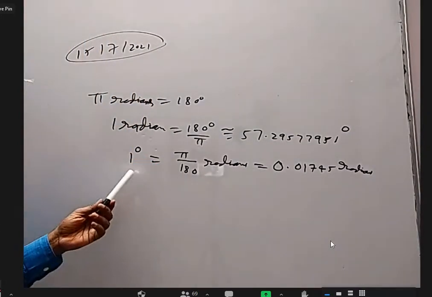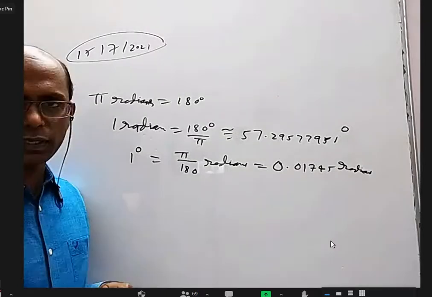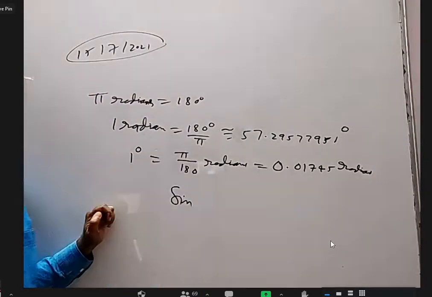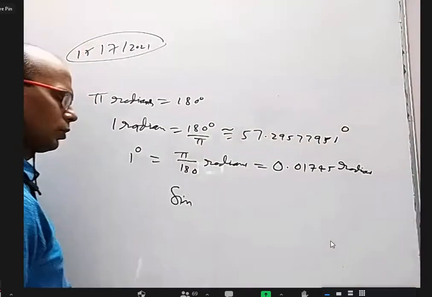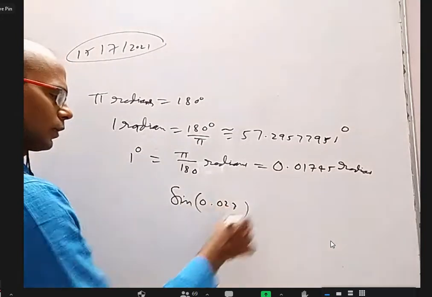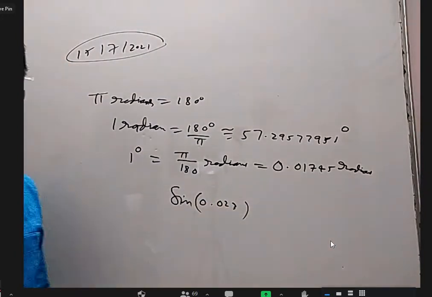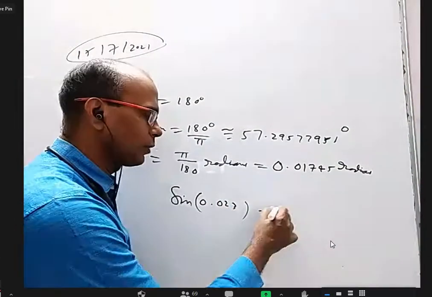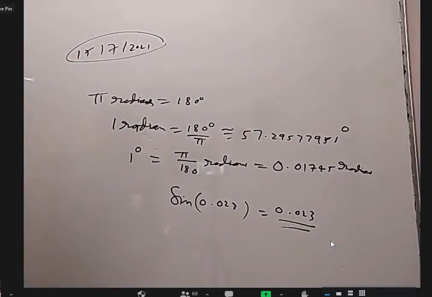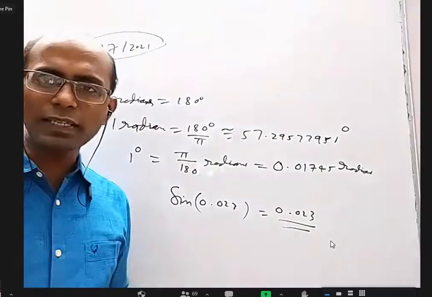There is one advantage with the radian scale. You know what that is? If somebody asks me sine of 0.023, not degrees, radians, the value will be 0.023, very, very close, almost the same. Anybody has a calculator?